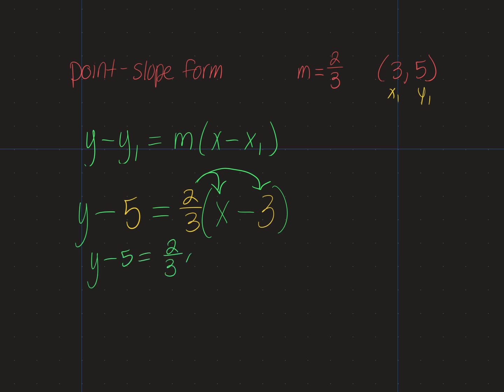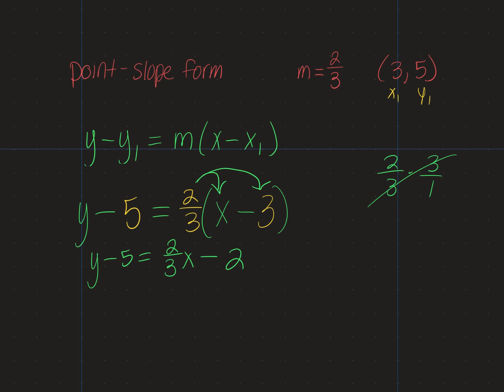So you have 2/3 x minus 2. 3 times 2/3 is 2. What would happen if I did that in calculus? You would get 2. Calculators are cool.